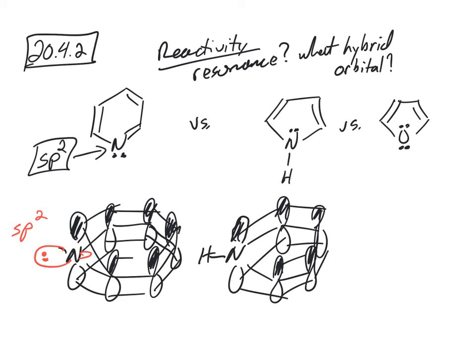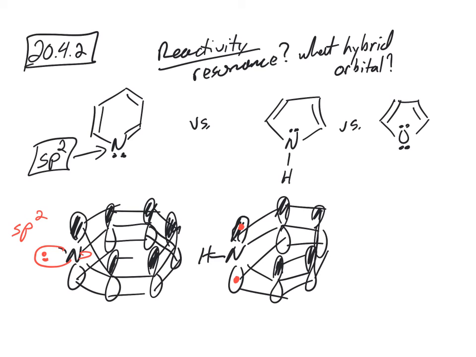And it's going to put that lone pair where? It's going to put it into a p orbital. There's those 2 electrons. It's in a p orbital. This lone pair is now part of the p orbital system. Is this lone pair going to be very reactive if it's part of resonance? No, it won't be.